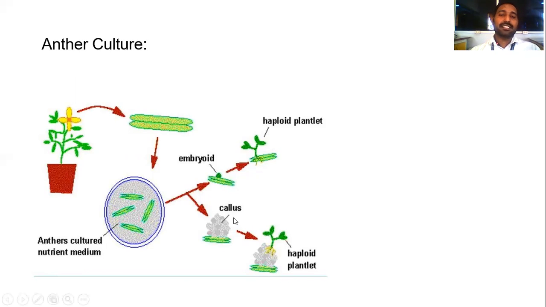Here you can see the callus generation from the anthers, and this callus, made of undifferentiated cells, can give rise to differentiated plants at the end. This is the haploid plant. Also here you can see the embryoid model, which can also give a haploid plantlet.